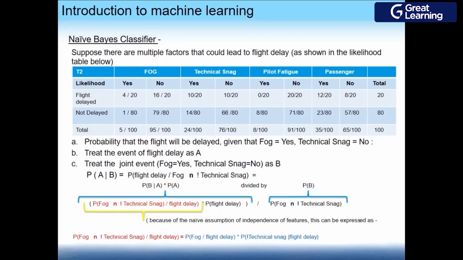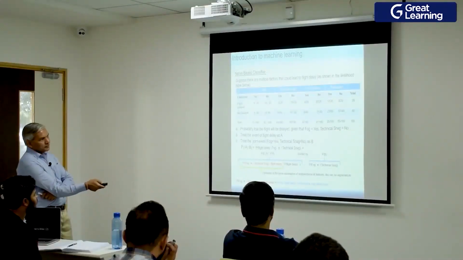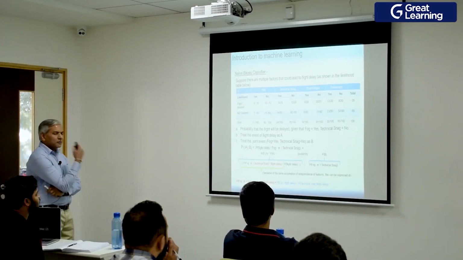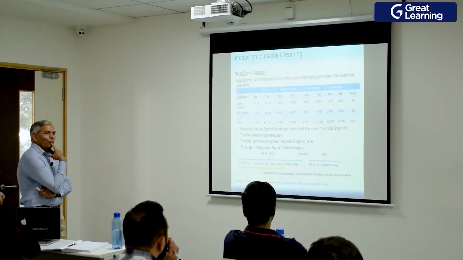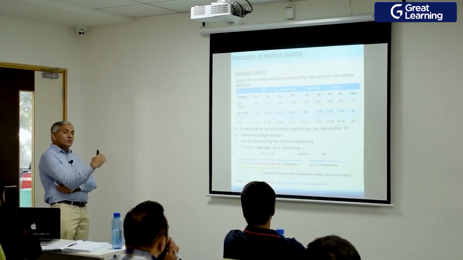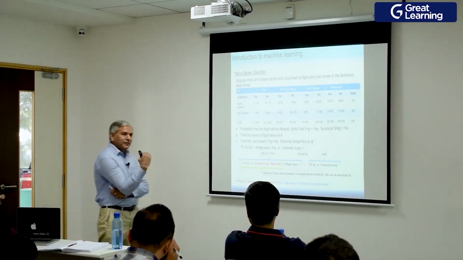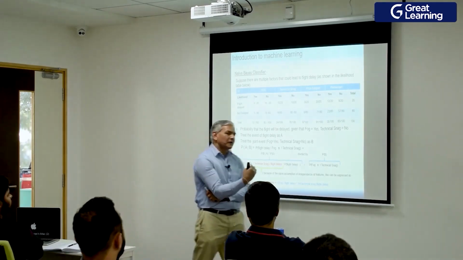P(B). So you can form any permutation combination of these events and substitute the likelihood ratios into this equation over here, and I'll tell you the probability. What is the probability of flight delay now that you're observing these events? So you can keep on recalibrating your probabilities.